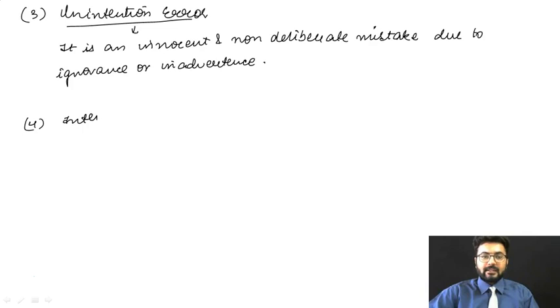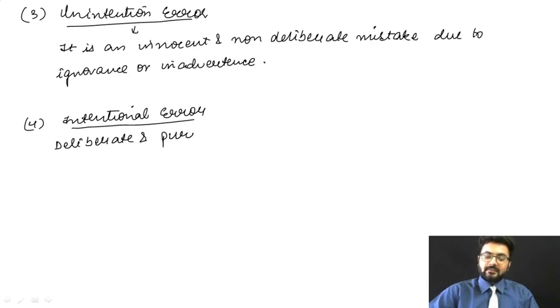The next is intentional error. Intentional refers to deliberate and purposive errors. That means something has been done keeping in mind a particular purpose and intention.